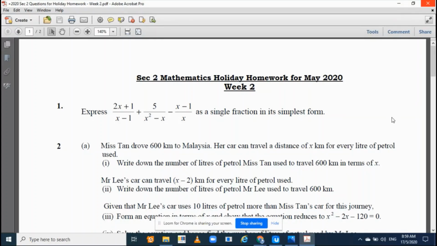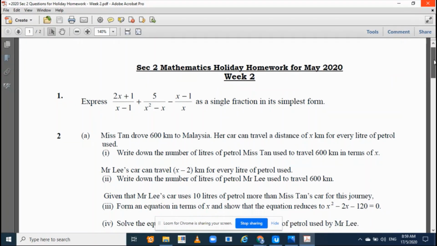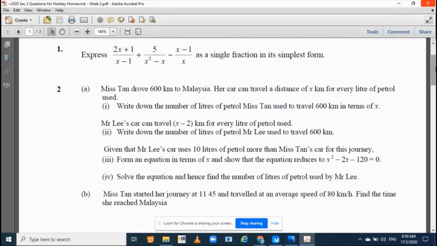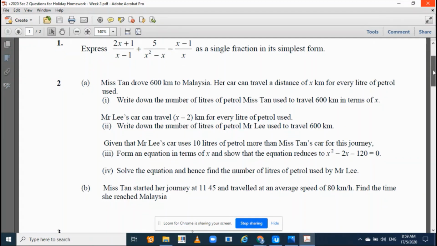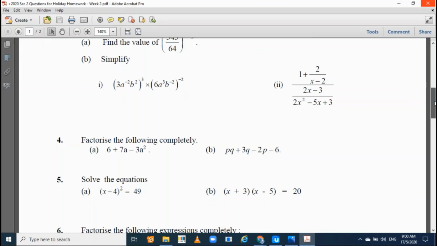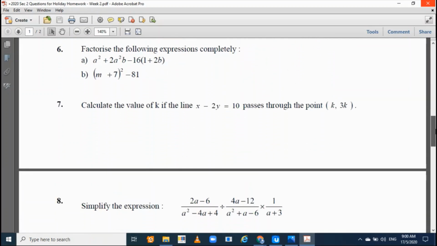Question. Question 1. Sue. Three, four, five. Question 6, 7, 8.